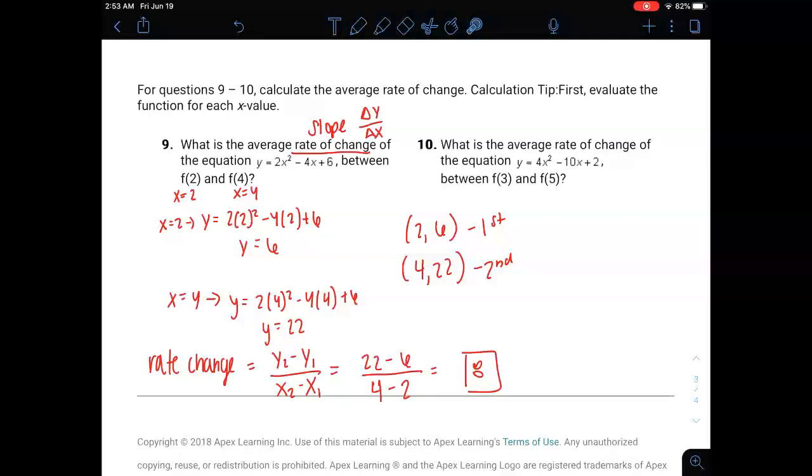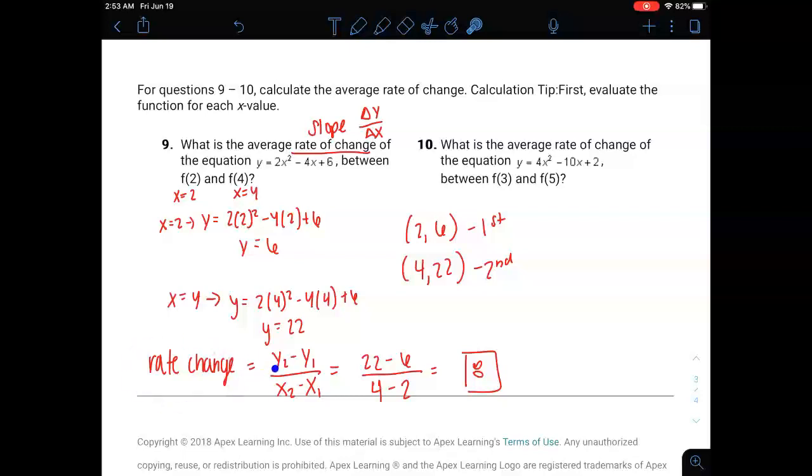To walk you through what we did again, f of 2 just means when x equals 2, what does y equal? We solved for y and found y equals 6, so our first coordinate point was (2, 6). f of 4 is saying x is equal to 4, so we calculate y is equal to 22. Then it says rate of change, which is talking about our slope.